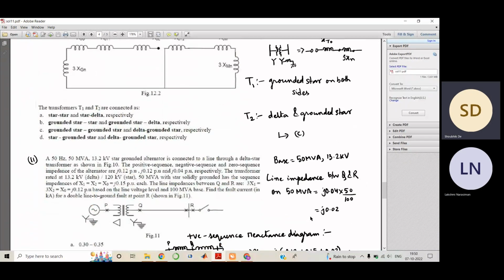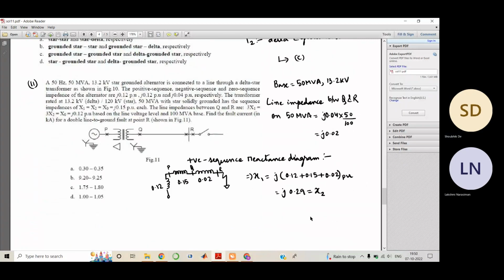Now, the last question is question number 11. This is a 50 hertz, 50 MVA, 13.2 kV star grounded alternator. It is connected to a delta star transformer as shown in figure 10, not 11.